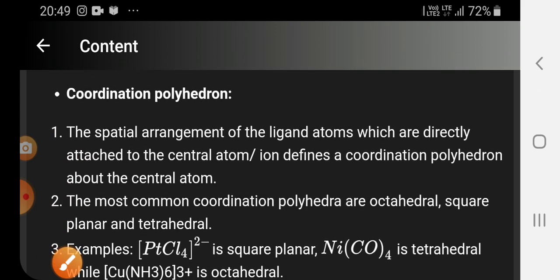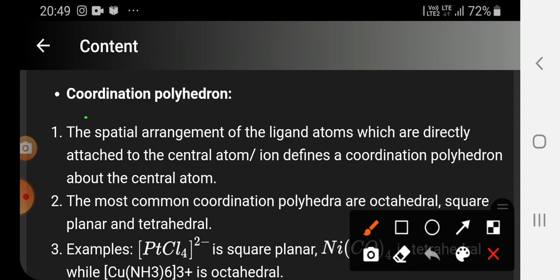And now the next topic, coordination polyhedron. The spatial arrangement of the ligand atoms which are directly attached to the central atom or ion defines a coordination polyhedron about the central metal atom. The most common coordination polyhedra are octahedral, square planar, and tetrahedral.